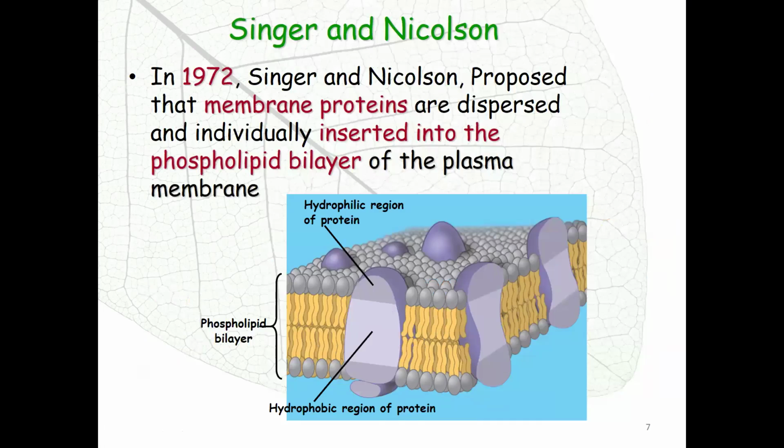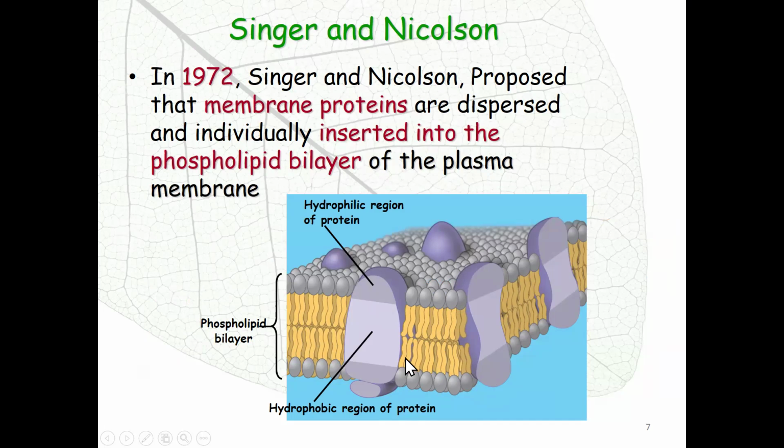So in 1972, Singer and Nicholson proposed that membrane proteins are dispersed and individually inserted into the phospholipid bilayer of the plasma membrane. Here you can see these are the proteins in the phospholipid bilayer.